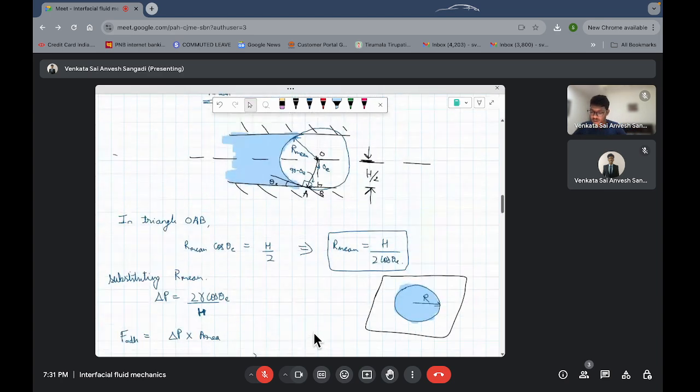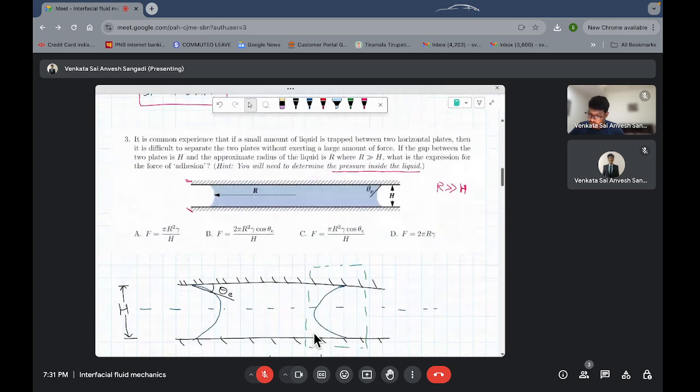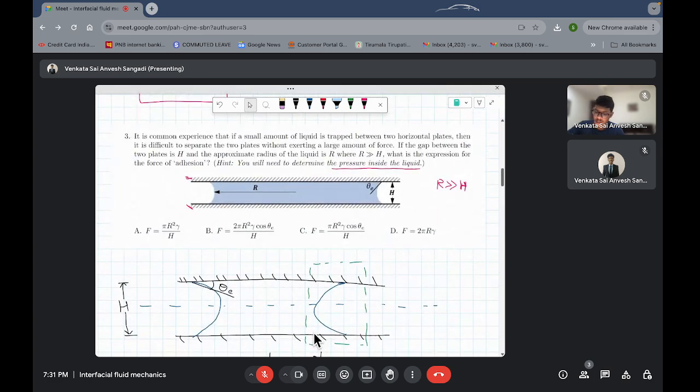So we get the correct option is B, F adhesion is equal to 2 pi r square gamma cos theta e by h.